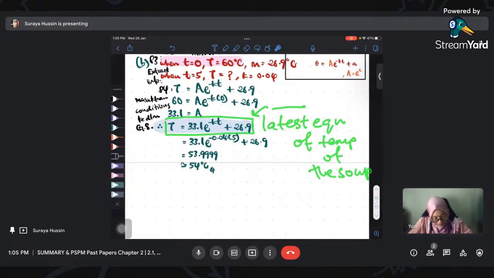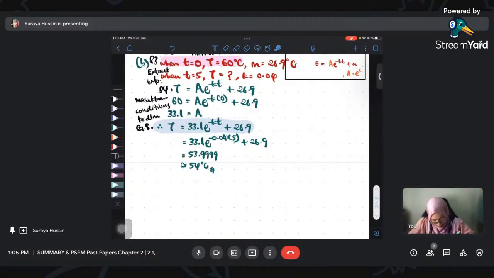And then you tinggal masukkan, what do? You tinggal masukkan your time T 5 minit ke dalam equation, ke dalam general solution yang telah dicari ni dengan sangat detail. Okay, masukkan nilai T, masukkan time kamu 5 minit, masukkan you punya K is given to you, given already.